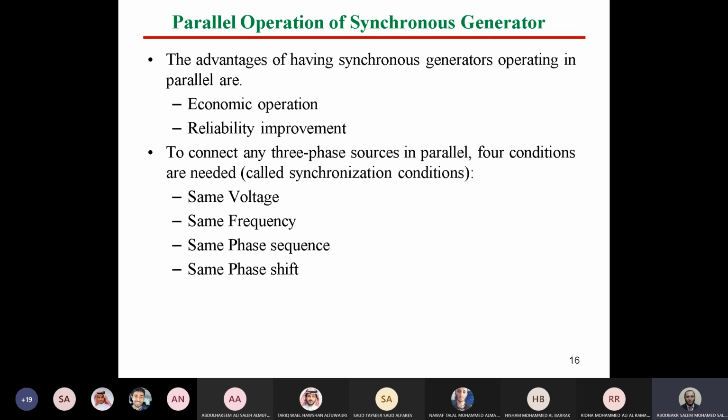Now guys, let me give you an example before starting the parallel operation of synchronous machines. If we have a big table with a dimension of, for instance, 4 meters by 2 meters, is it easier to be carried by one person, or 2, or maybe 5?